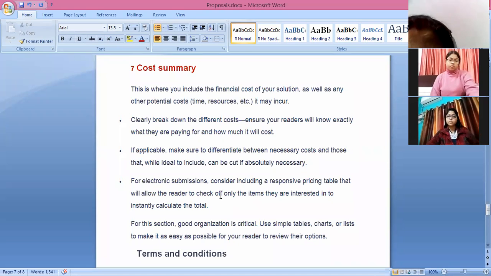If applicable, make sure to differentiate between necessary costs and those that, while ideal to include, can be cut if absolutely necessary. For electronic submission, consider including a responsive pricing table that will allow the reader to check off only the items they are interested in to instantly calculate the total.